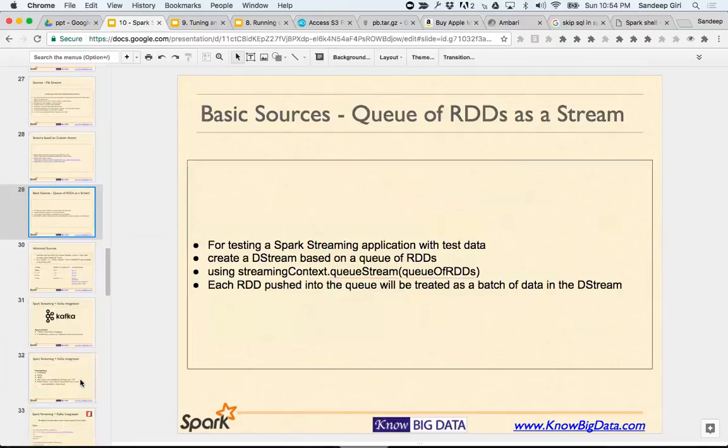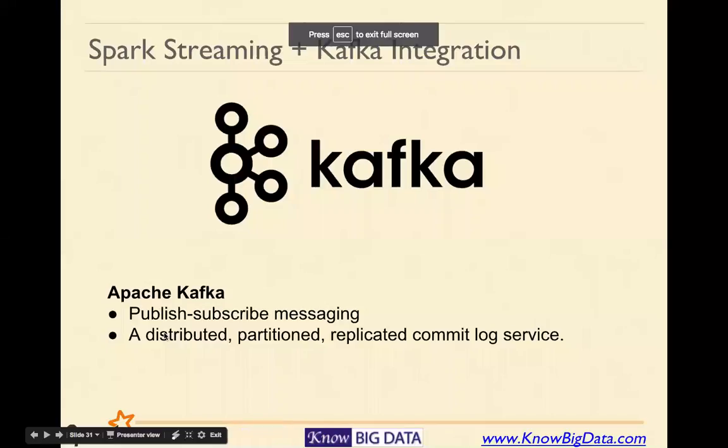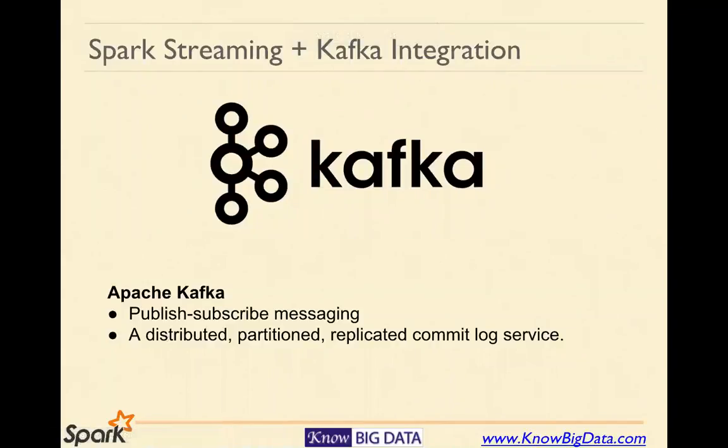I'm going to skip these parts, it's not really required. So Kafka is one such great queue. It's a publish-subscribe messaging system, and it's a distributed, partitioned, replicated commit log service.